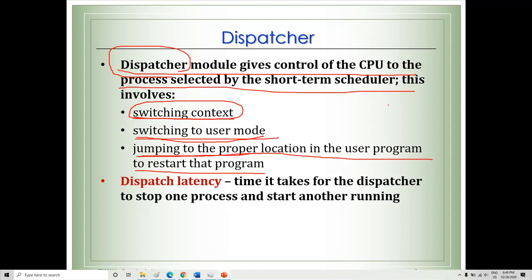Let us say a program has 4 statements: A is equal to 10, B is equal to 20, then C is equal to A plus B, then print C. Now let's say a program, P0, is running.